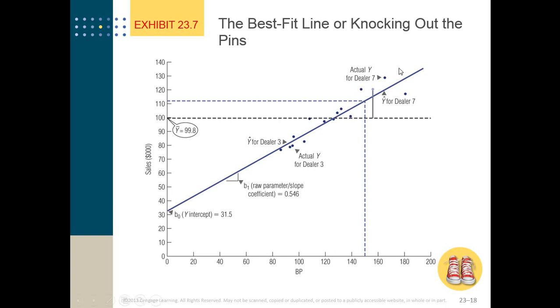Look at what each point on the regression line indicates. Each point on the regression line indicates a combination of our number of building permits and the corresponding sales. However, the actual combination might be different. For example, when we have, say, 160 as the number of building permits issued, the corresponding sales volume is here.